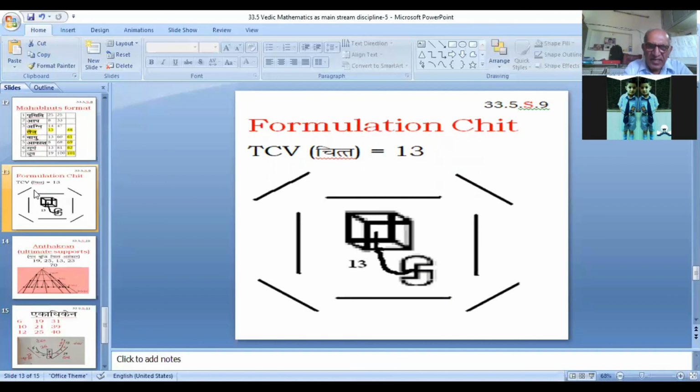Mind is being recognized, but chit is not being recognized in the present approach of the modern systems.